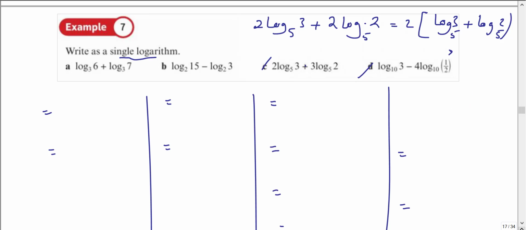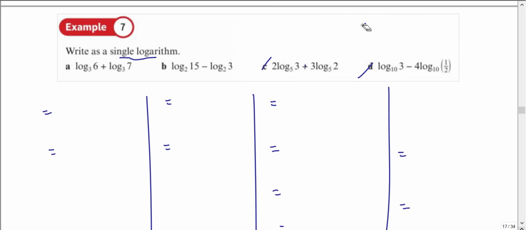Okay Adam, let's do this. The first one says write as a single logarithm. This is log plus log. We want it as one log. How to do it? Use the first rule.